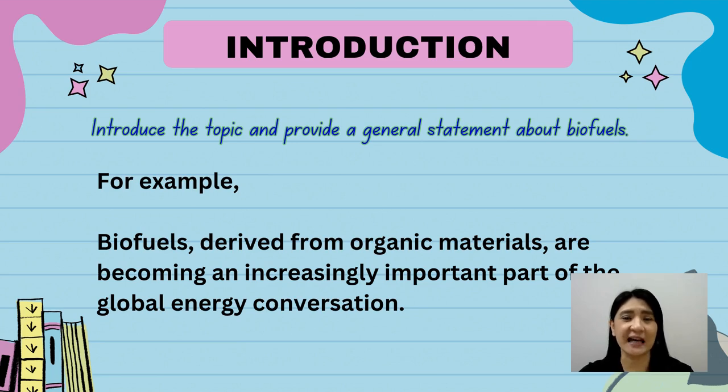Introduce the topic and provide a general statement about biofuels. For example, biofuels derived from organic materials are becoming an increasingly important part of the global energy conversation. So you are providing a general statement about the biofuel. That could be a good startup and a good introduction.